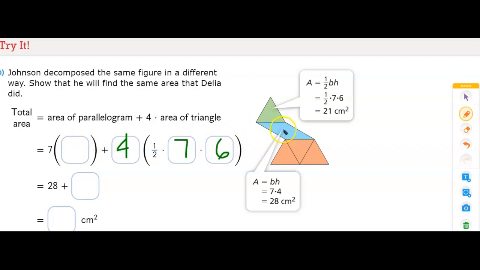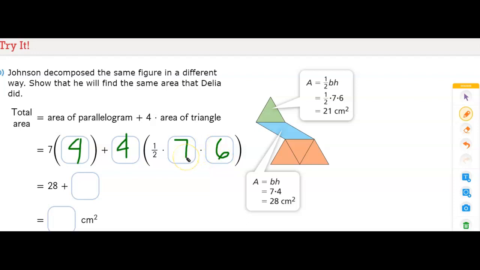And then we have the parallelogram, which we have the base at 7 and the height at 4. So that will go here. Now we just saw 7 times 4 is 28. And then here, they want us to solve all of it. So first we can do 7 times 6, or you can do 1/2 times 6. If we did 1/2 times 6, that would be 3.